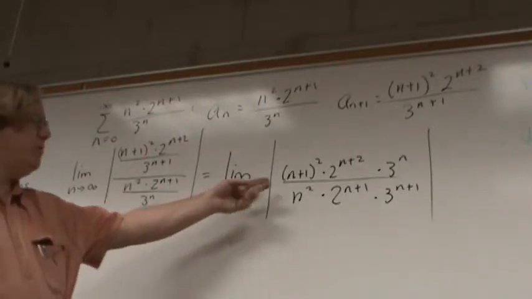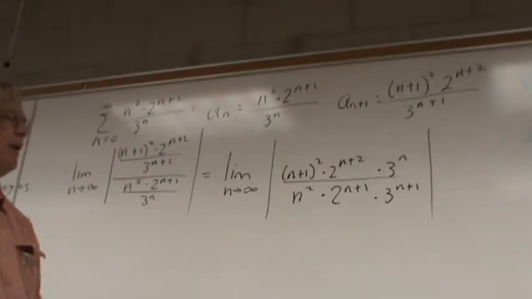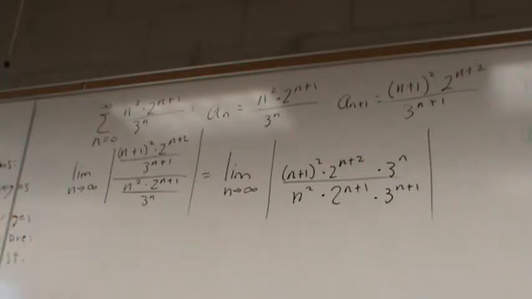The limit as n approaches infinity of n plus 1 squared over n squared. Do you know what that ends up equaling? 1. How'd you get 1? Because when I distribute the n plus 1, you get n squared plus 2n plus 1.